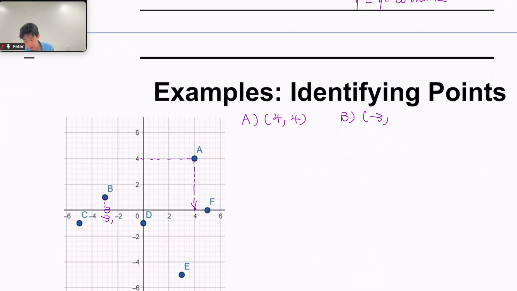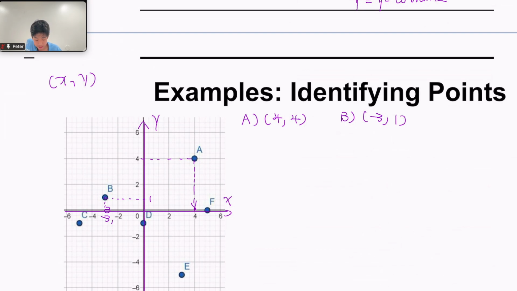The first number always represents the x-axis, so the order can also be expressed as (x, y), with the second being the y-axis. So -3, and then we see that the y-coordinate for this one is approximately 1. So we're gonna write the y-coordinate as 1.